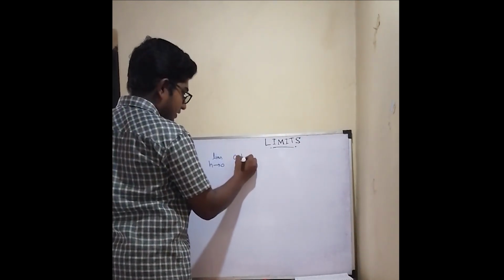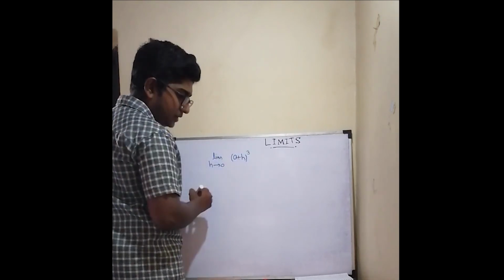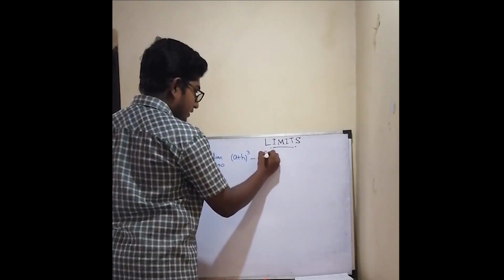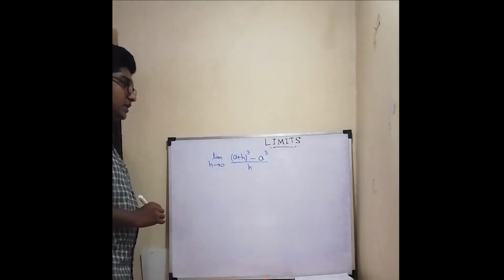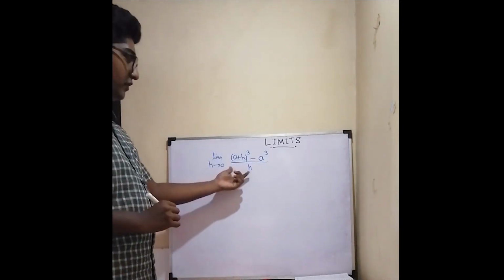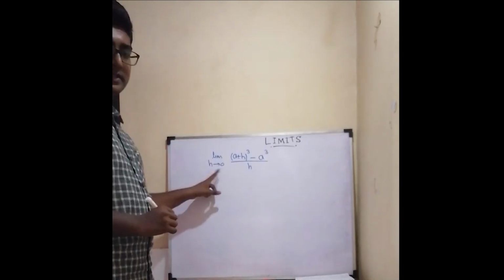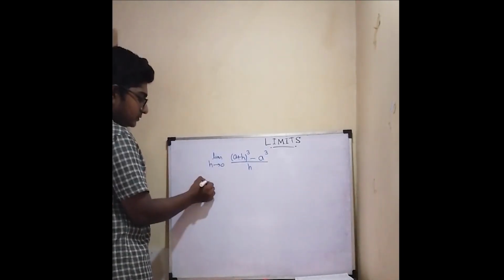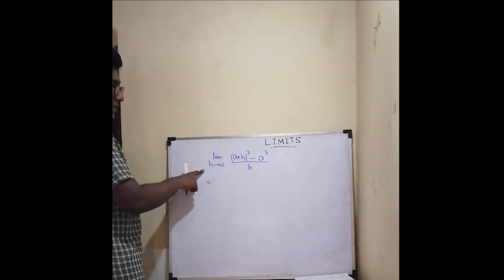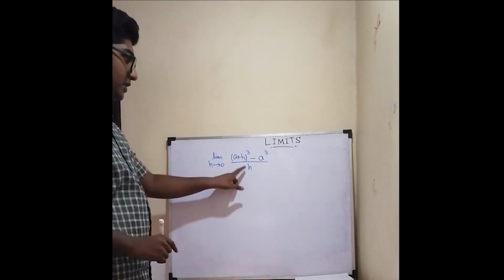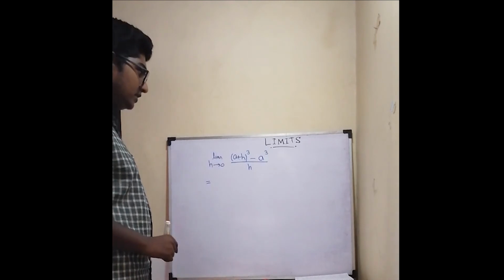(a plus h) whole thing cubed minus a cubed, divided by h. I have to evaluate this when h tends to 0. Directly by substituting 0, we can't get an answer because the denominator becomes 0. It is not defined.